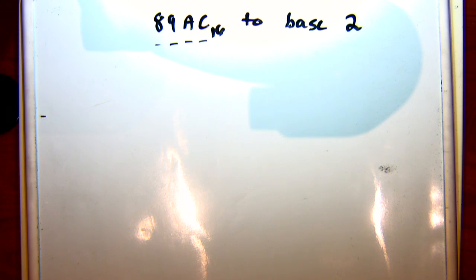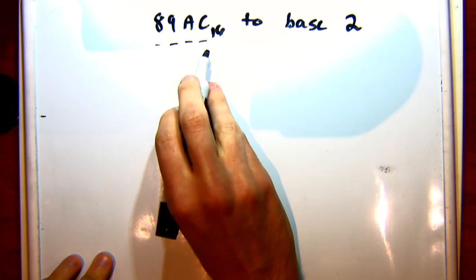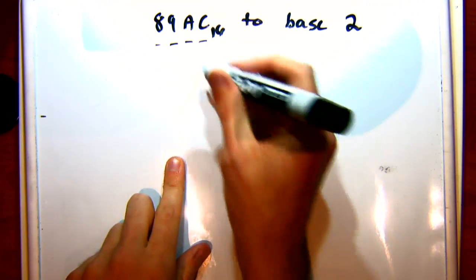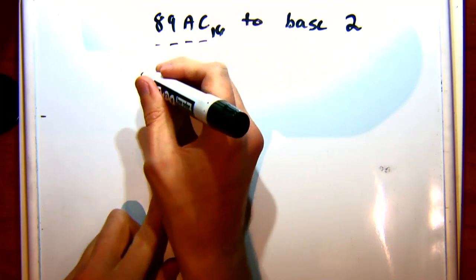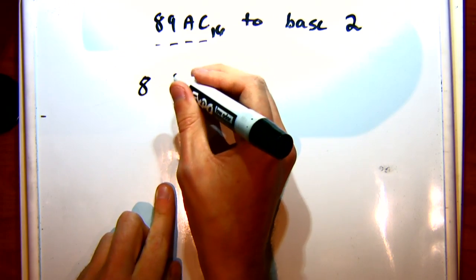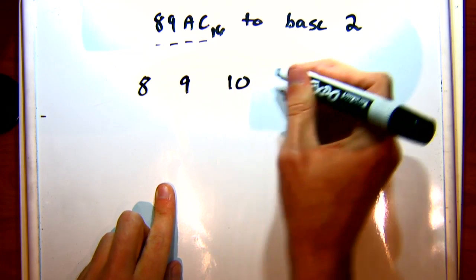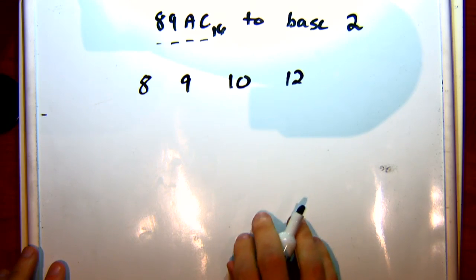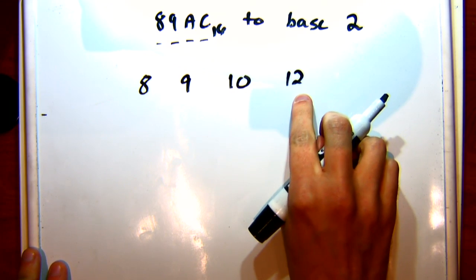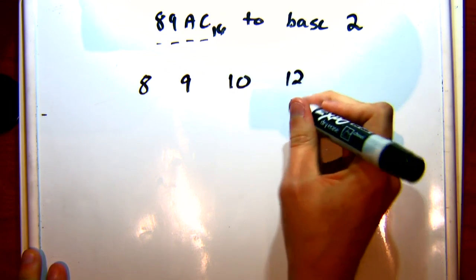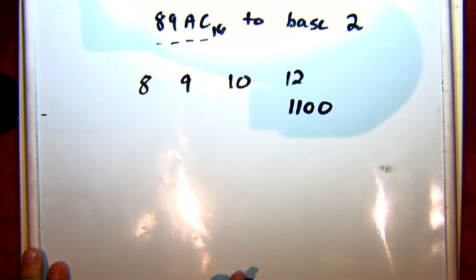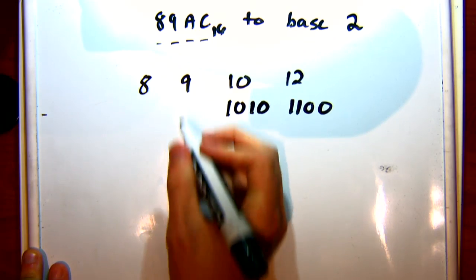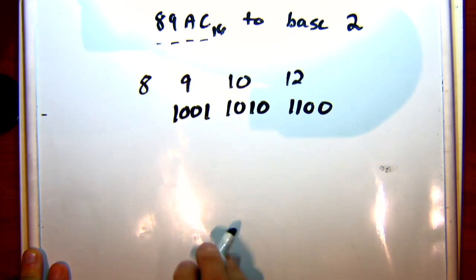So we look at C, and the number in base 16 that is, I'm just going to write in decimal form because it's a little bit easier to convert. These are the numbers. So 12 in base 2 is this. 10 in base 2 is this. 9 in base 2 is this.